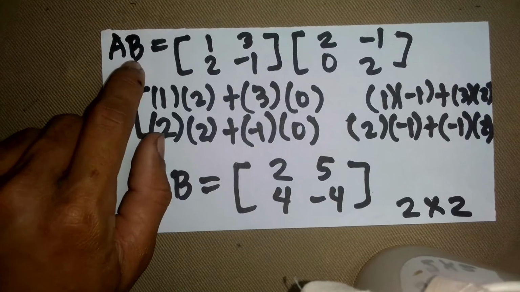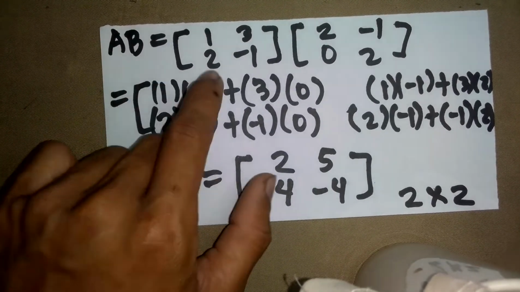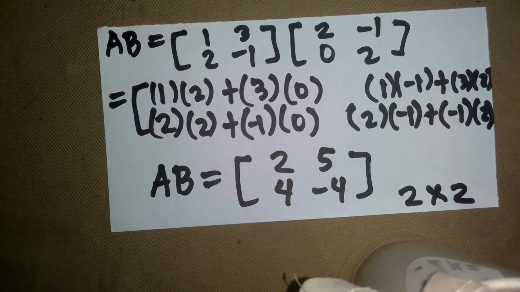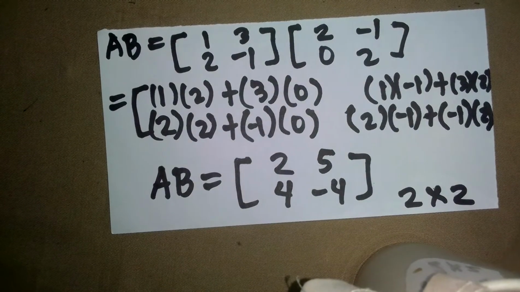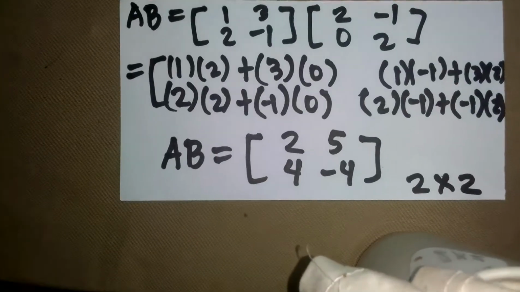Since matrices A and B are the same order, we can multiply them.